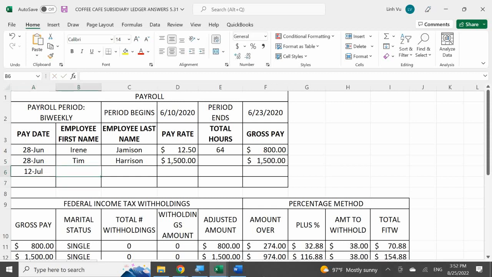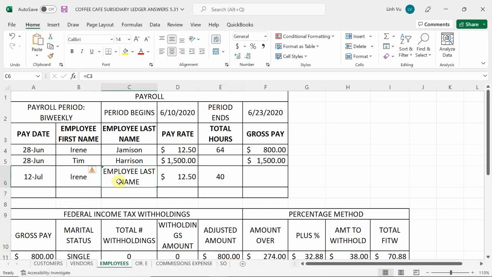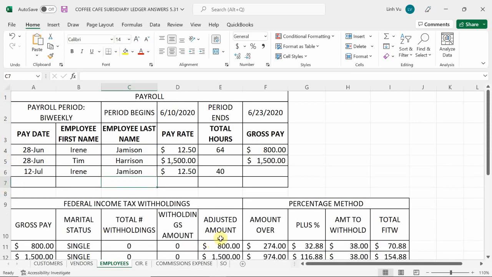Who is this for? This is for Irene Jameson. And she's earning $12.50 per hour. Right now, she's accrued so far 40 hours. Okay.